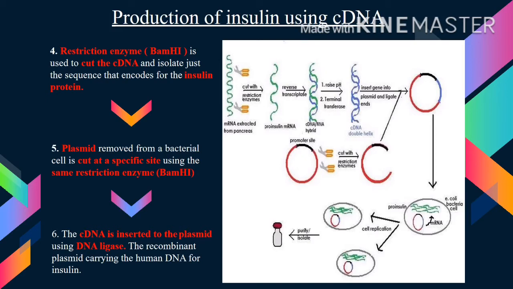We cannot have two different restriction enzymes in this process. We are only allowed to have one restriction enzyme. The cDNA is inserted into the plasmid using DNA ligase. The recombinant plasmid is now carrying the human DNA for insulin.